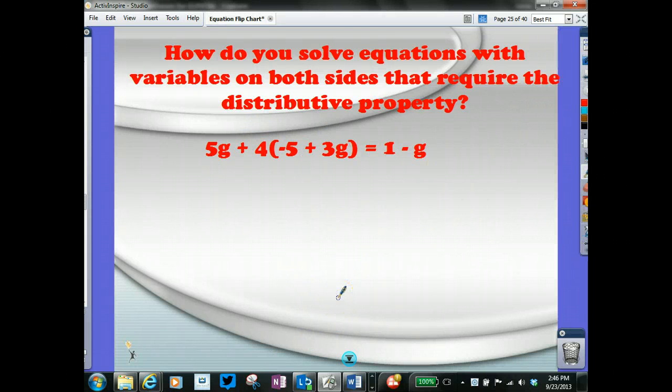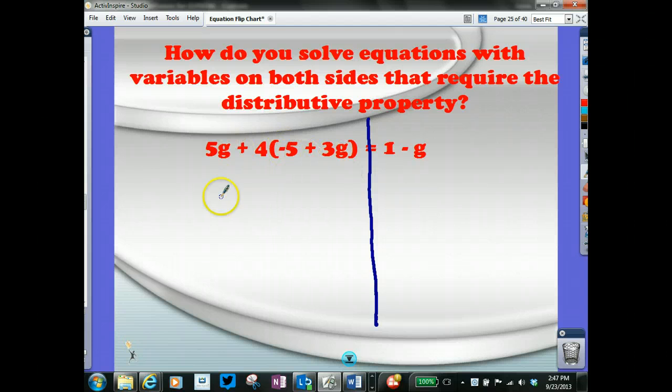Alright, one more. Let's go ahead and pause the video and work through this one. Okay. Draw my line of scrimmage. Always do that. Now here's where you have to be careful, because you have 5g plus 4 and then the parentheses.